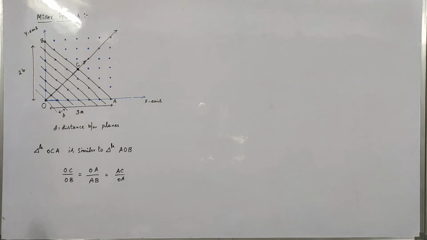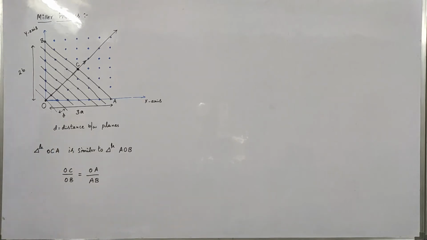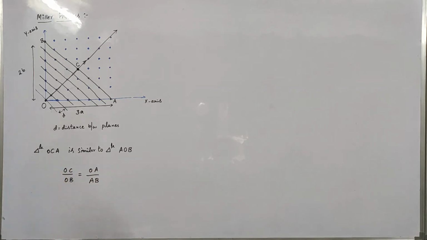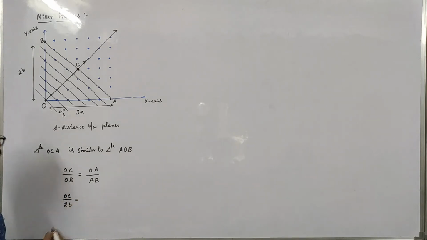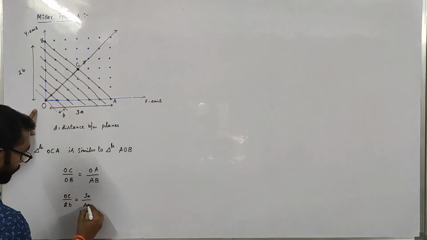So it takes only any two ratios, nothing but the same. So OC by OB equal to OA by AB. OB can be taken as 2B, and OA as 3A. So OC upon 2B is equal to 3A upon AB.